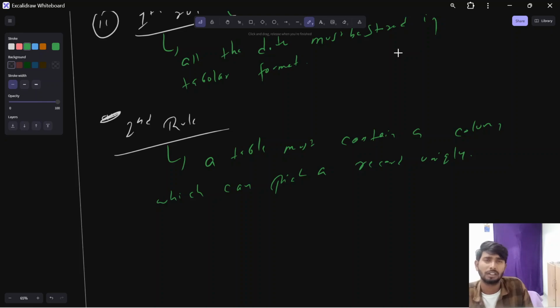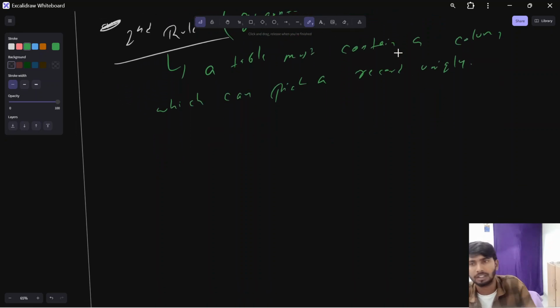That means we have a primary key to uniquely identify. So we can say here the second rule is the guaranteed access rule. Okay, there is a unique value. That is the primary key.